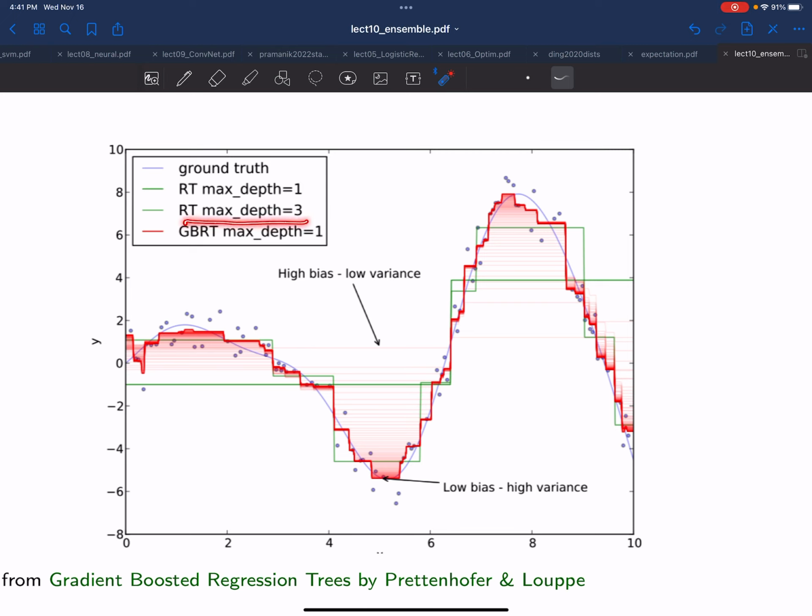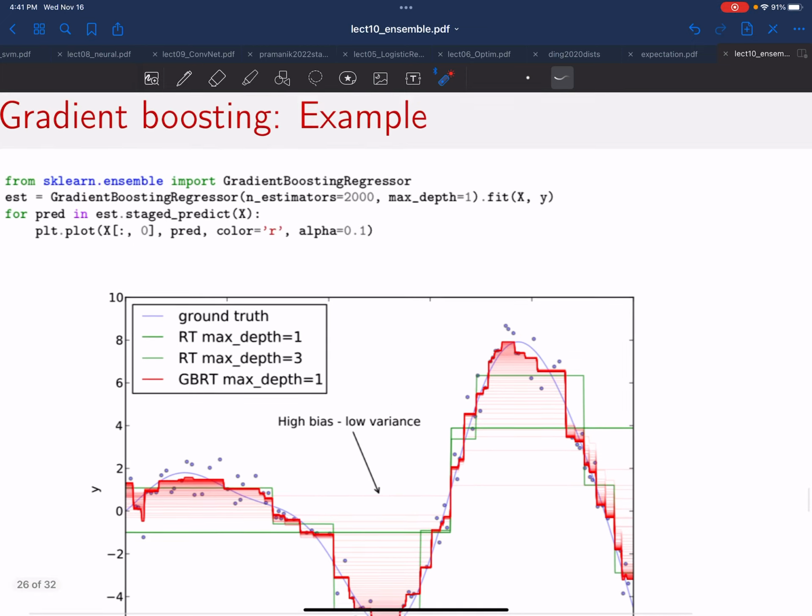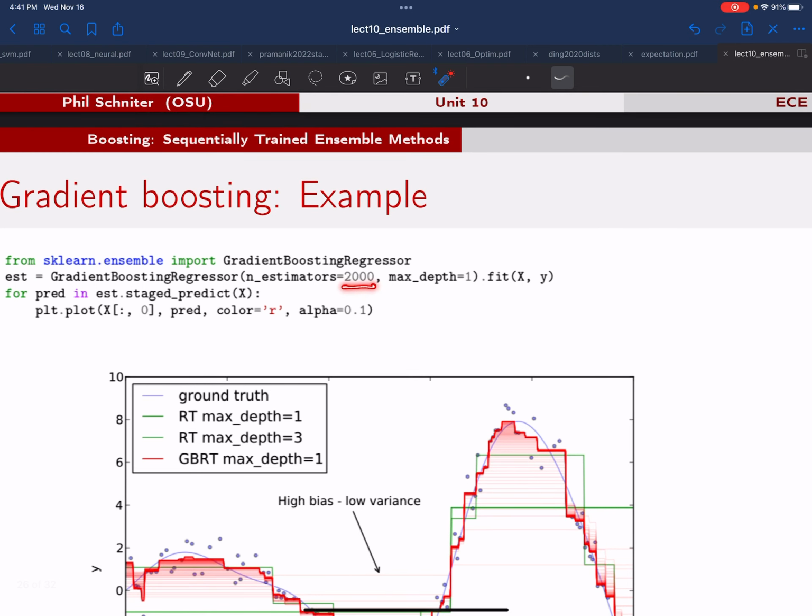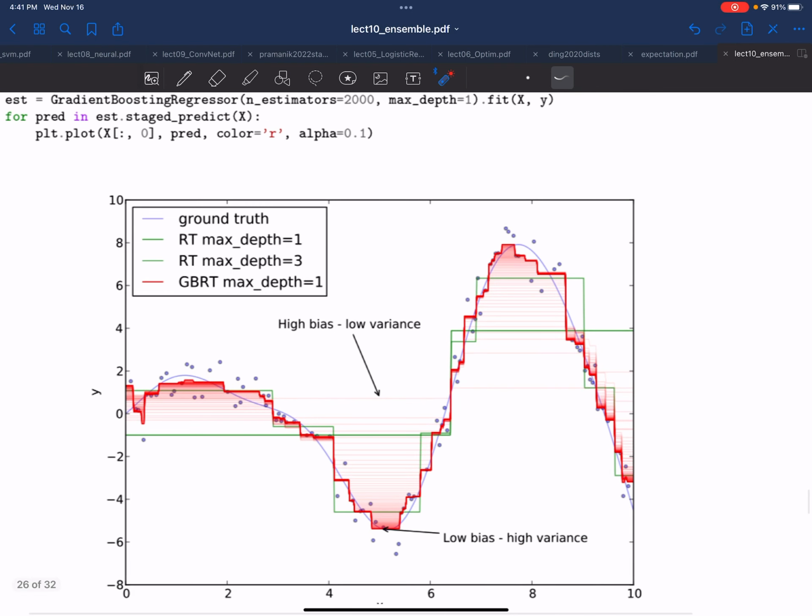Then it's also plotting the third stage, which is this green function here, which, as you can see, is a bit more sophisticated. It looks more like that blue curve, but still not much. And you can keep going, and it looks like here they used 2,000 stages, and the red curves show that as you get more and more stages, you eventually get to this stair-steppy function, which looks much closer to the blue line.